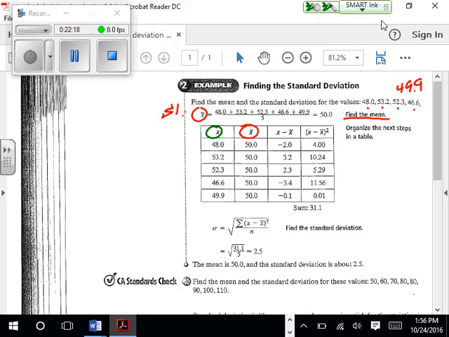I'm going to write 1 on the side. I'm going to write that 48. That 48 goes first, minus that 50, which goes second. And then hopefully you can see that that equals that negative 2.